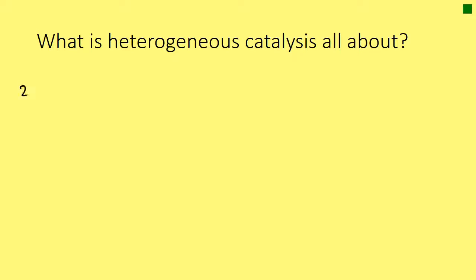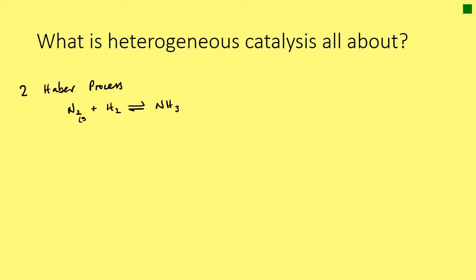And the second one is the Haber process, which you'll remember is the way that we make ammonia, which is used to make fertilizers. And that starts off with nitrogen and hydrogen and makes our ammonia.